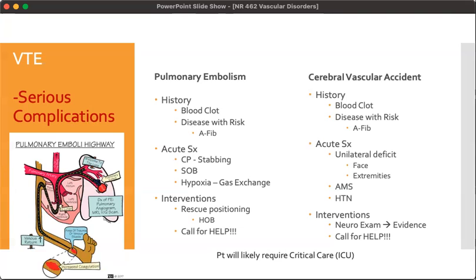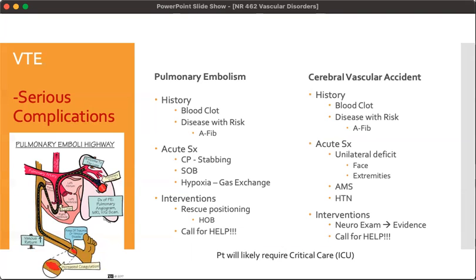Altered mental status. This can come in a couple different flavors. One is actual mentation. So alert and oriented status is going to go down. Patients can be less oriented, or it can be general neurologic status, meaning they're going to be more sedate.